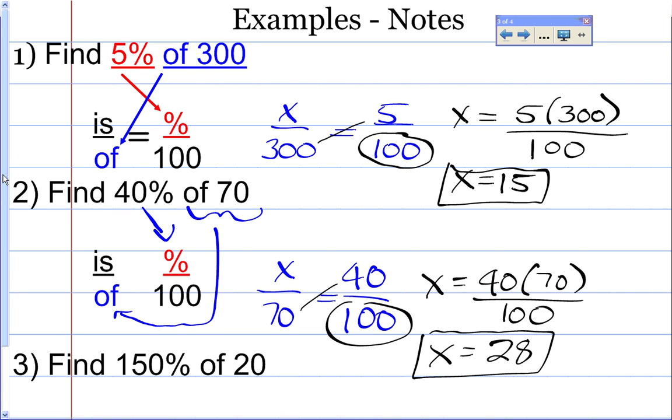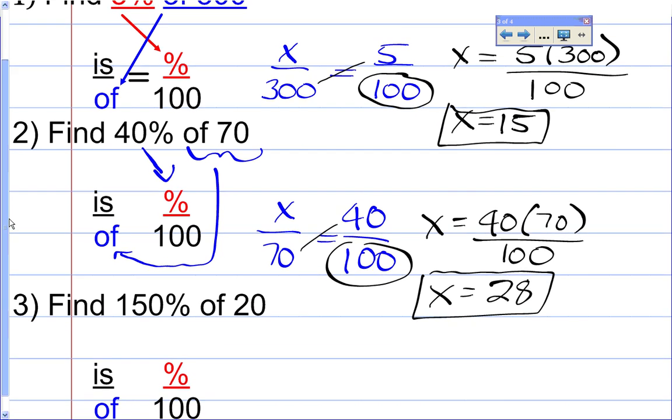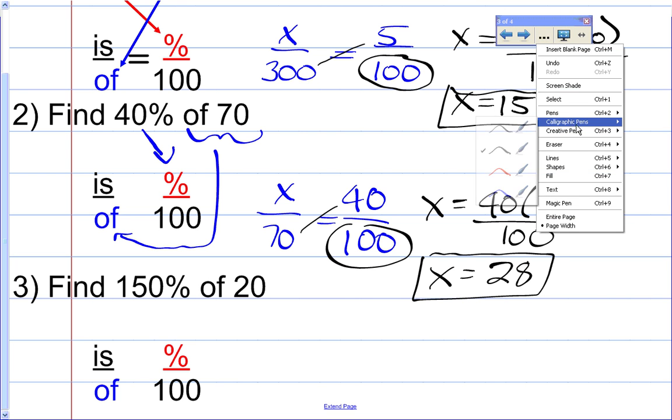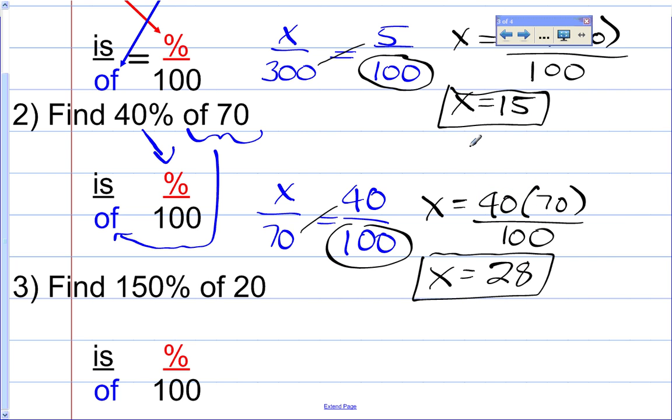Okay? So hopefully you're starting to see that this is pretty simple. After what we just got done doing with fractions, my hope is that you'll find this to be pretty easy. So what is 150% of 20? 150% of 20, so that goes in the of spot.